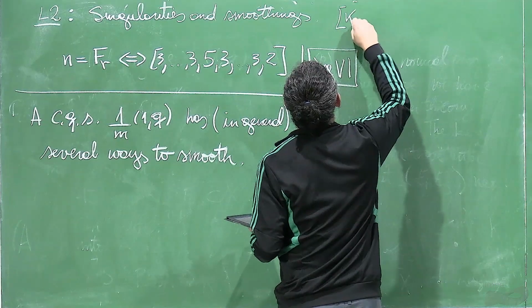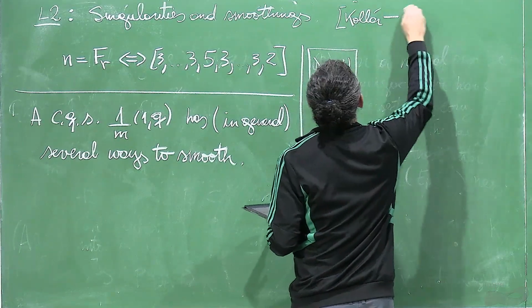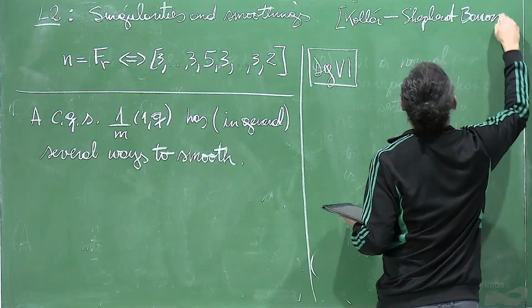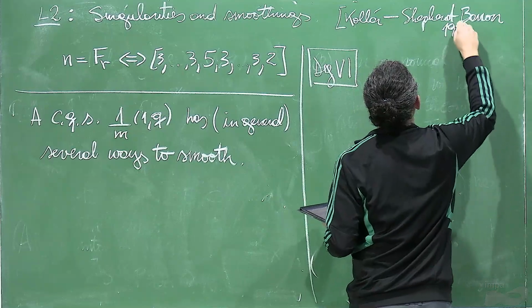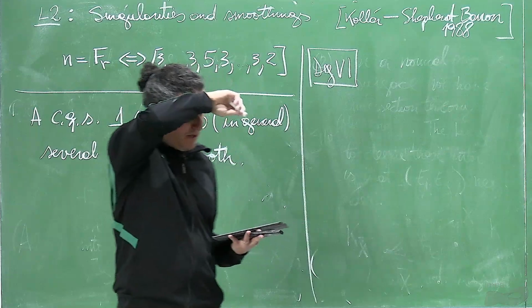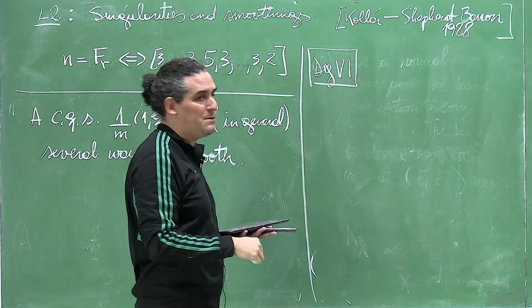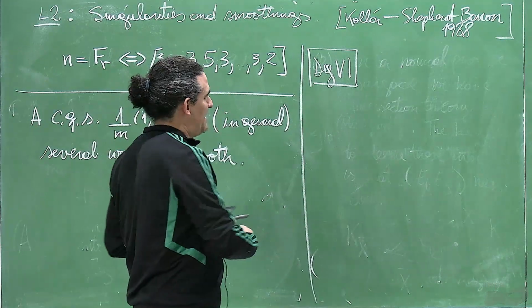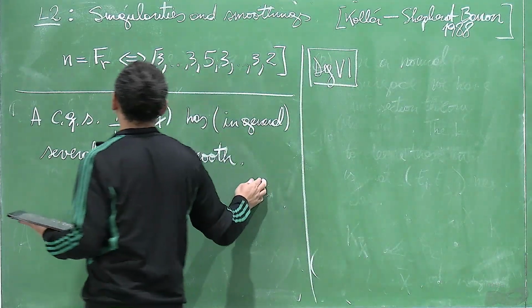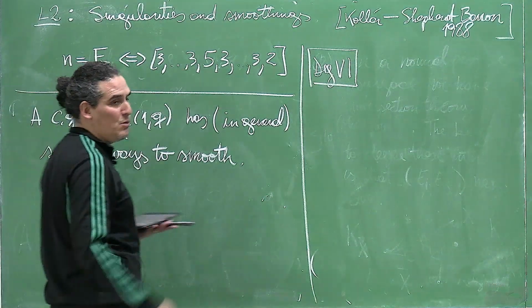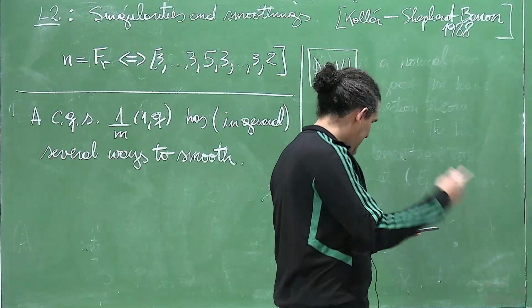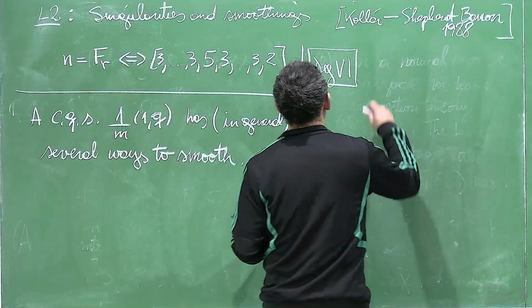This is Kollár and Shepherd-Barron, 1988, and this is the paper where they propose a compactification for the moduli space of surfaces of general type. But on the way to do that, they use Mori theory. They study, for example, the deformation space of this kind of singularity, or quotient singularities in general. It's also included in that paper. And for that, they define these T-singularities.